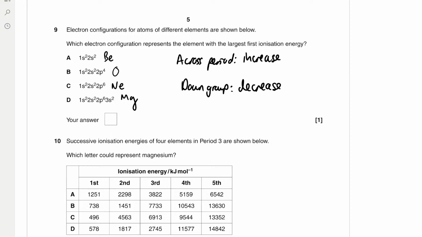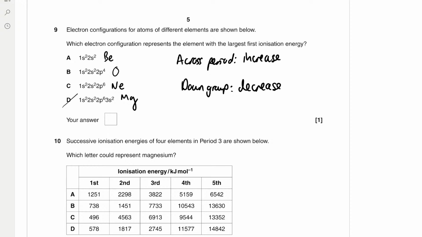So that means that it must be oxygen, because no, sorry, it must be neon. So you've got beryllium, oxygen, and neon are all in period 2. So there's not going to be any group difference between them.